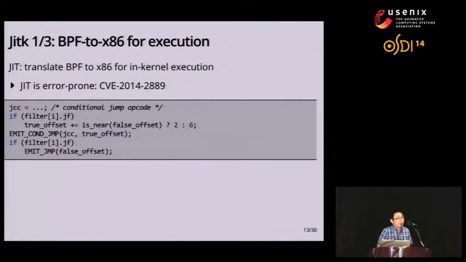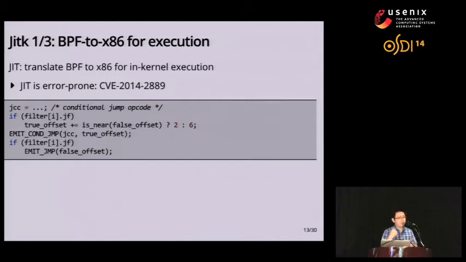The first part is how to execute a BPF program in the kernel. We use a just-in-time (JIT) compiler that translates BPF to x86 code and runs it in the kernel. And building a JIT is actually hard. Here is one actual example in Linux. This is JIT code.